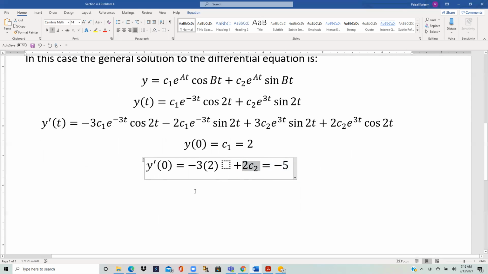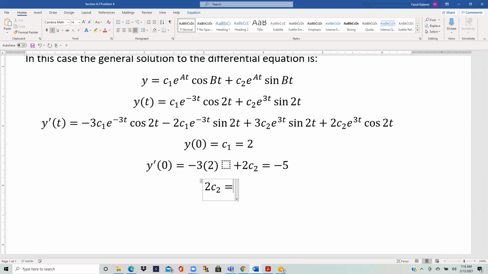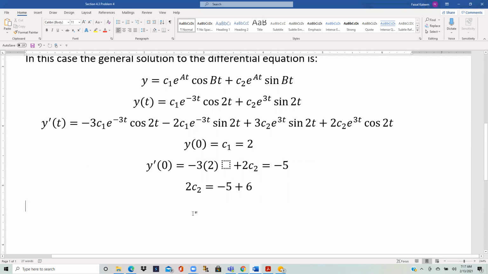So this gives me 2c2 equals negative 5 plus 6. And so 2c2 is equal to 1. And so c2 will be 1/2, or 0.5. We have both the constants.